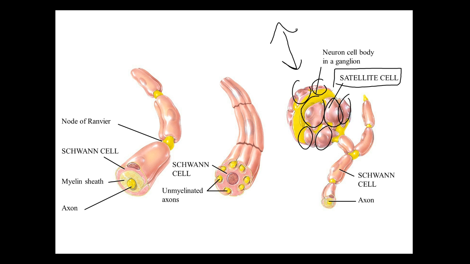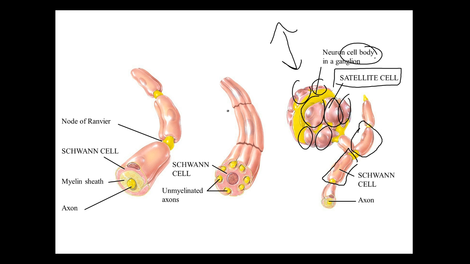Now, in the central nervous system, astrocytes are wrapping around blood capillaries. So they would determine what goes in and out of the bloodstream. But in the peripheral nervous system, these satellite cells wrap around a cell body and they determine what goes in and out. We can see here that we have Schwann cells on the axon. That also tells you that it is part of the peripheral.